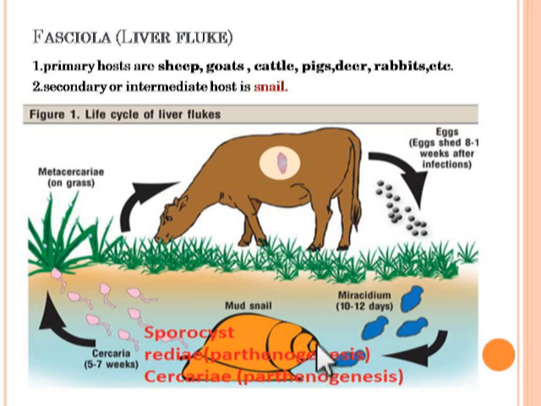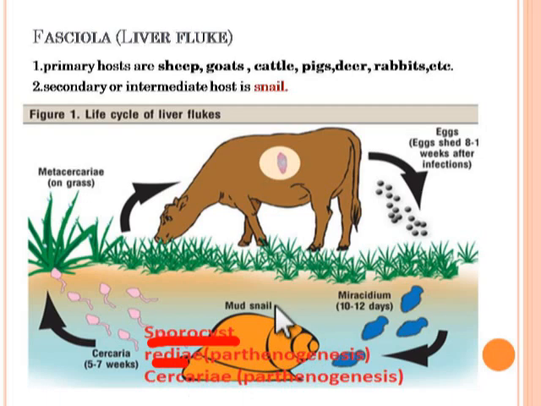That means the spore will develop into another form without any fertilization between male and female, sperm and egg. So that is termed parthenogenesis: sporocyst, and then rediae and cercariae, these three forms, SRC. These three forms are very important. These three forms develop inside the snail itself.